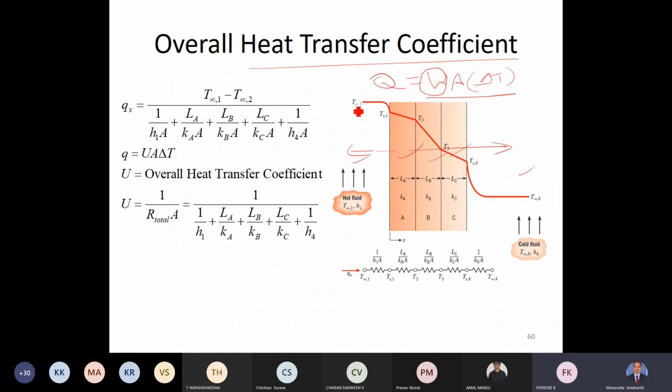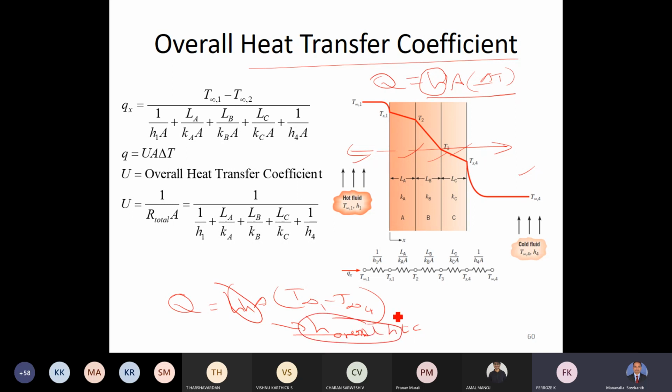So if for this entire system I can calculate the total heat transferred using the equation Q is equal to H A multiplied by delta T, where delta T is T infinity 1 minus T infinity 4, then this H value is the overall heat transfer coefficient, shortly written as HTC. So we would like to find what this value will be.